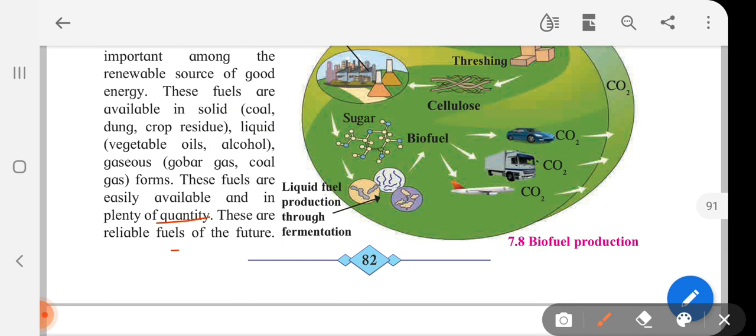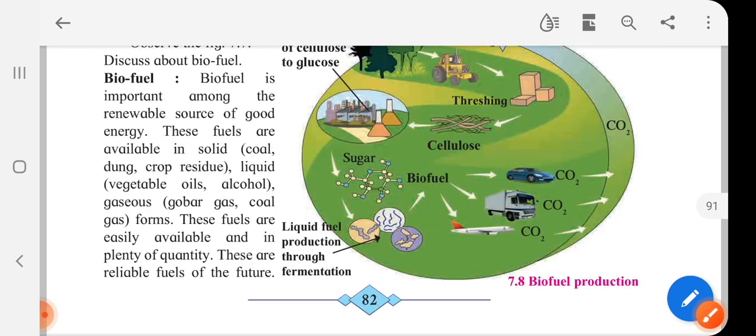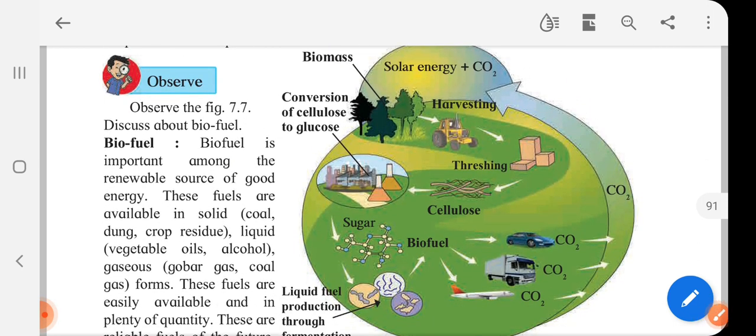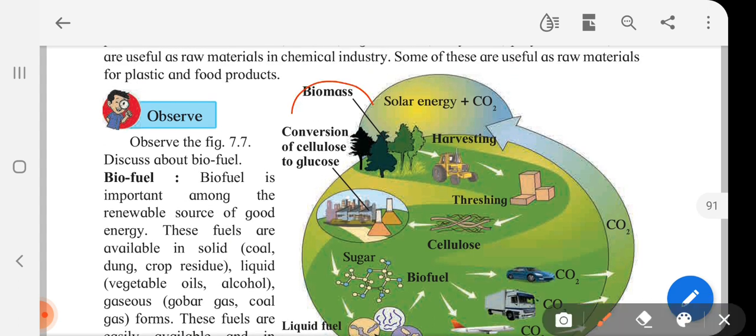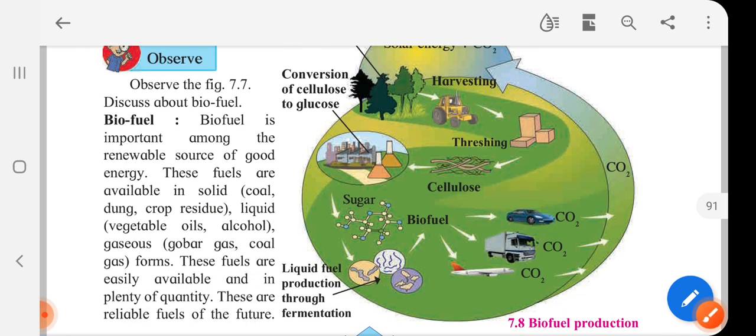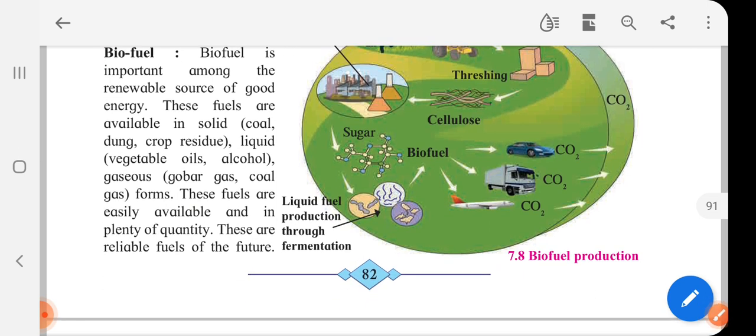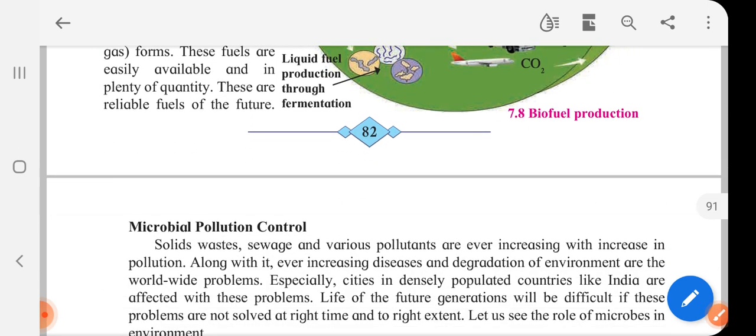These are reliable fuels of the future. So in future, these fuels, as you can see here, okay, we have biomass, conversion of cellulose and glucose to glucose. So there are different sources, from where we get these biofuels. So in future, they have a potential demand.